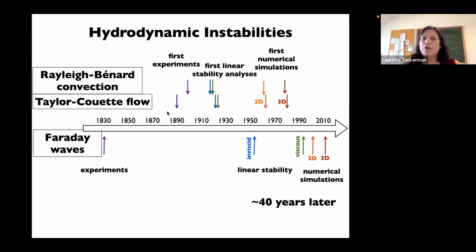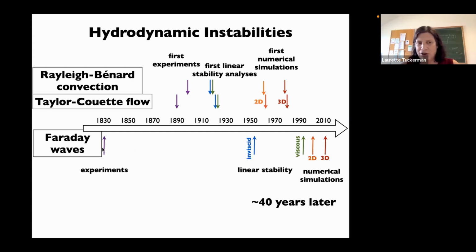You can see that right away after these experiments came linear stability analyses by Rayleigh and by Taylor in the 1920s or so. And then numerical simulations, as soon as computers came along that you could solve PDEs, in 2D around the late 60s, early 70s, and 3D around the 80s or so.